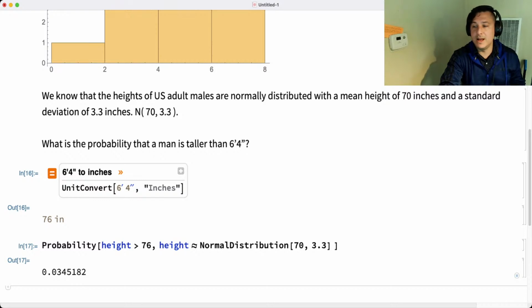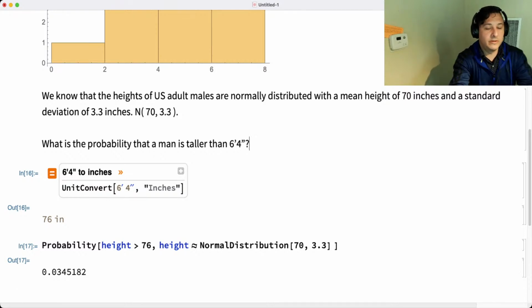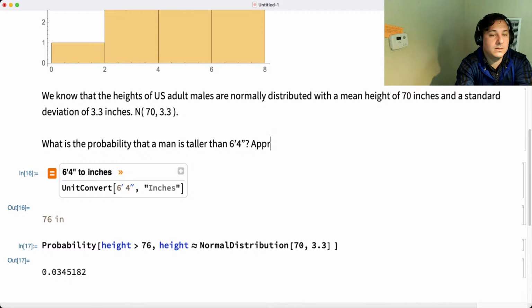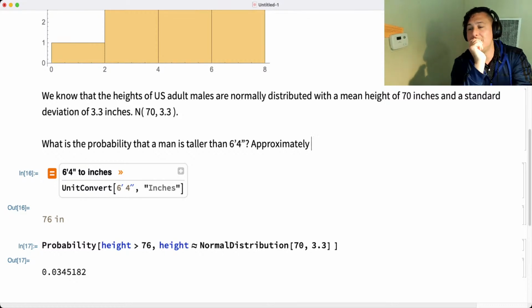And then what do you find out? What percentage of men are taller than 6'4" approximately? So looking at this, what percentage of men are taller than 6'4" in America if the average height is 70 inches with a standard deviation of 3.3 inches?